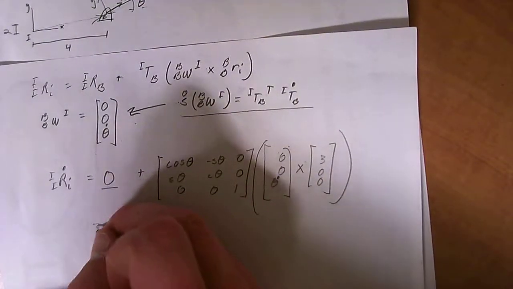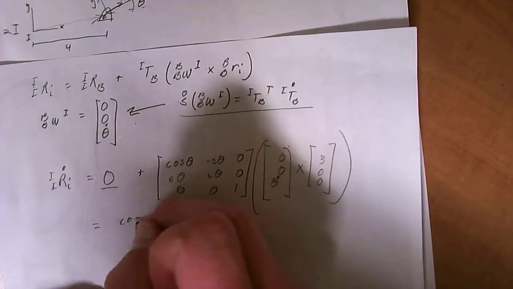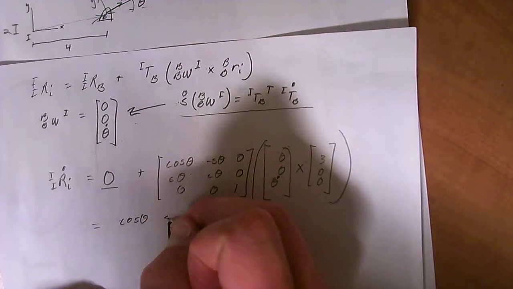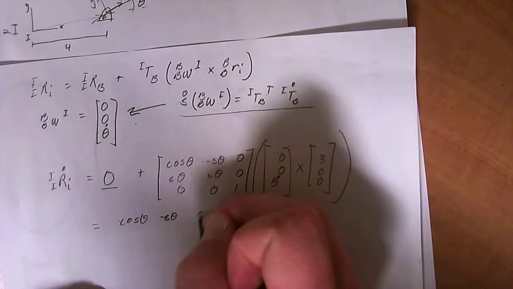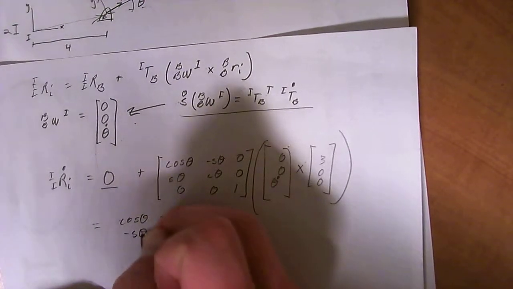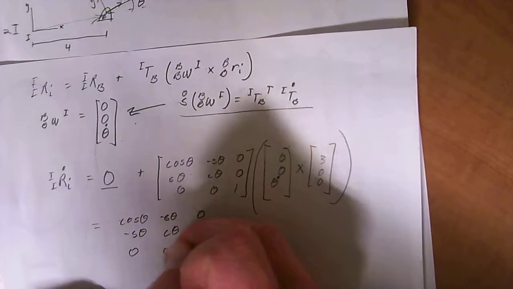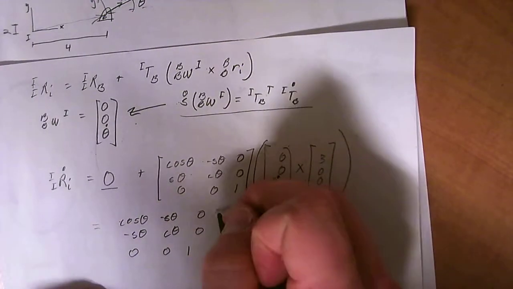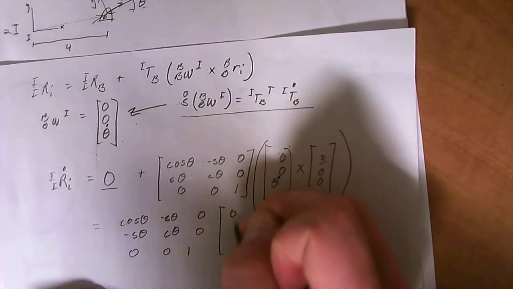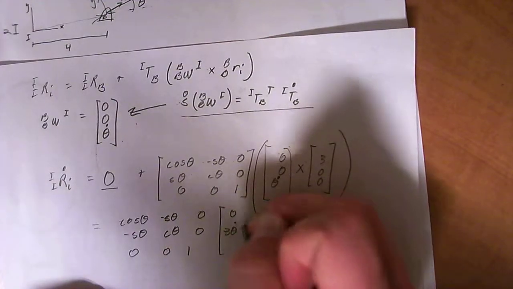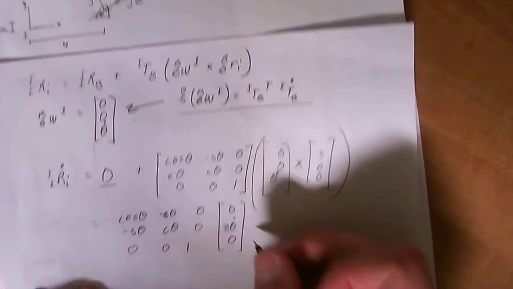Multiplying this all out, you get cosine of theta, negative sine of theta, 0, negative sine of theta, cosine of theta, 0, 0, 0, 1, and you get 0, 3 theta dot, 0.